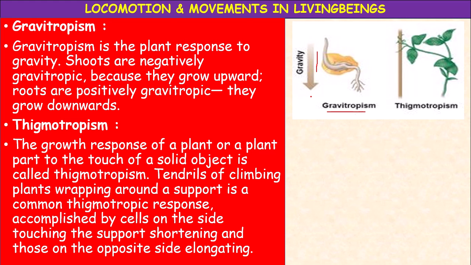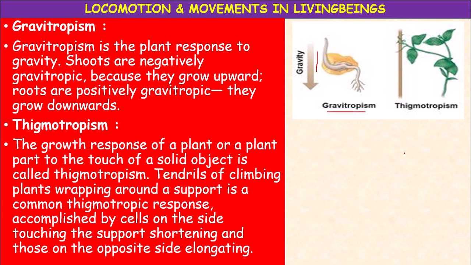In those plants special spring like structures are present, called tendrils. The tendrils of climbing plants wrap around a support, you can see here, a pole or a wood plank, whatever it may be. Wrapping around a support is a common chemotropic response.